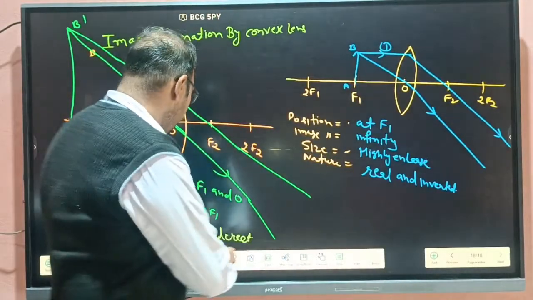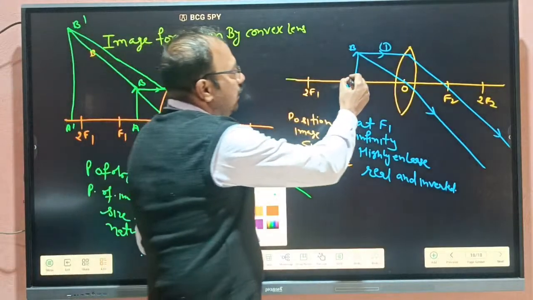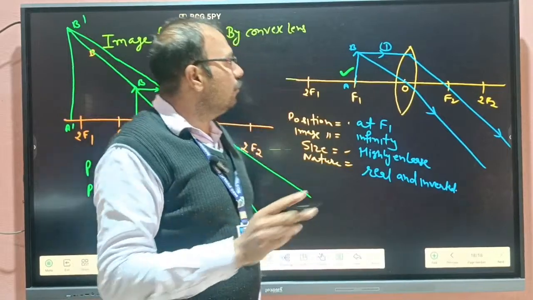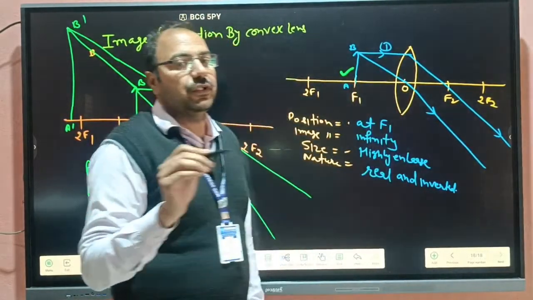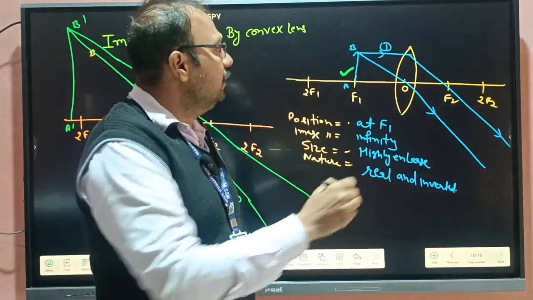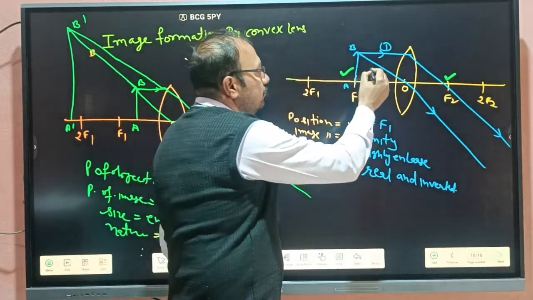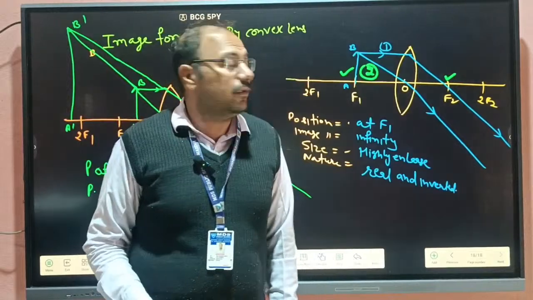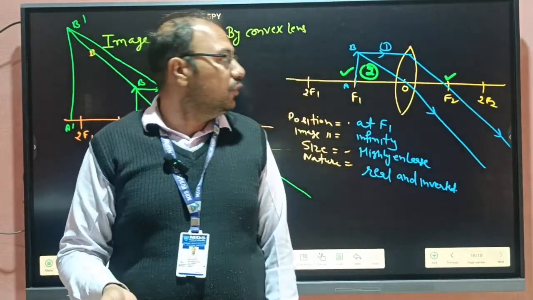Now, when we put the object at f1, two rays are generated. One ray goes parallel to the principal axis, and after refraction it passes through the focus. The second ray passes through the optical center and goes straight without any deviation.